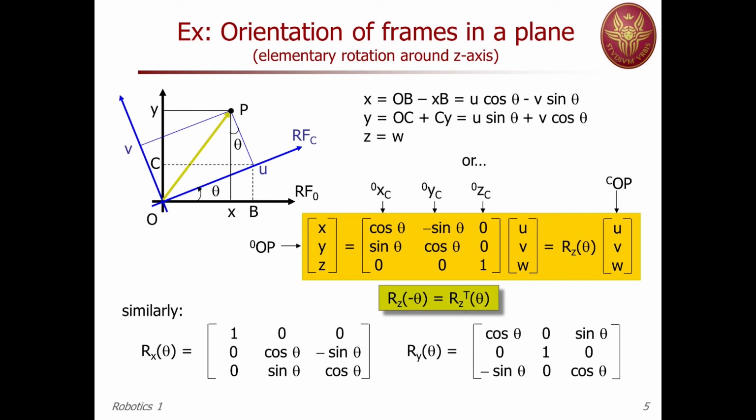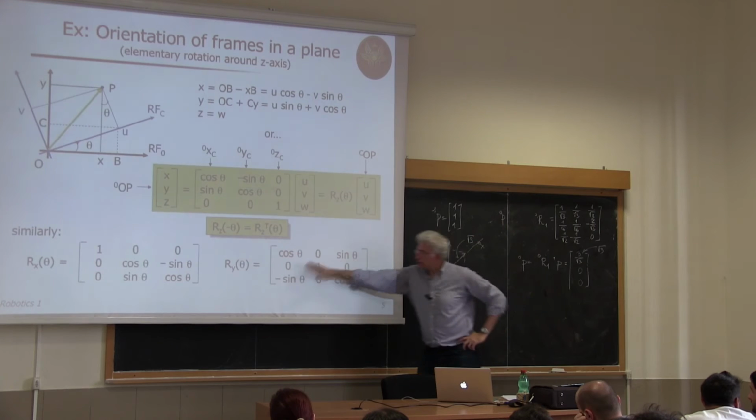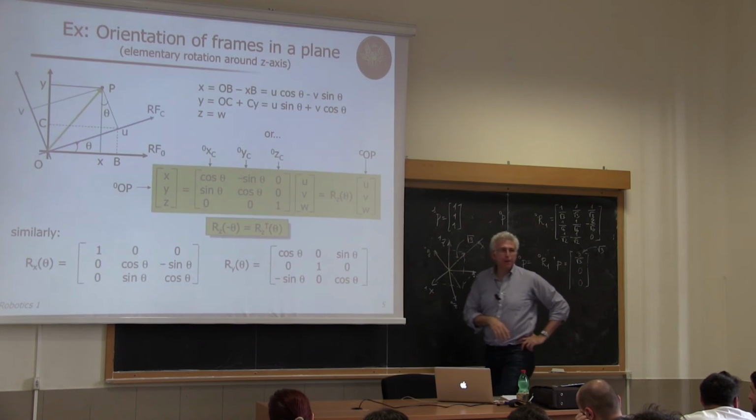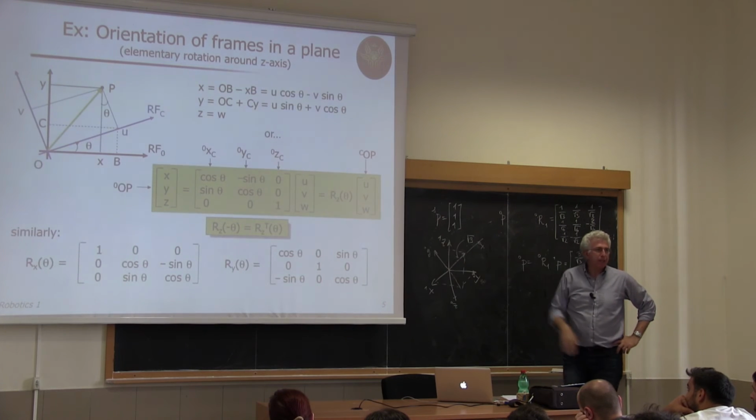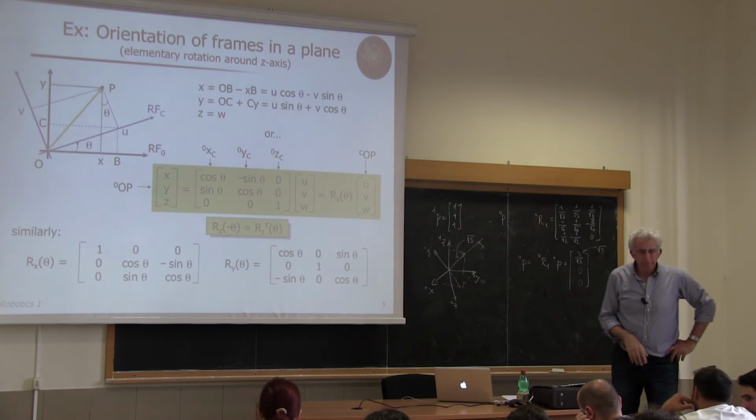Or around the y-axis, and then you have the 1 on the diagonal in the second position. But pay attention here, the sign of the sine is on the other side, on the lower triangular part of the structure. Okay? So you can do this by elementary trigonometry like we did before.